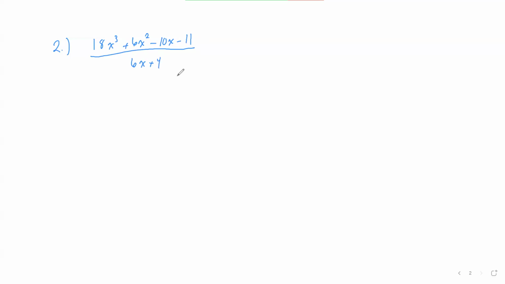So in this situation, I cannot divide them all individually, so we do this thing called long division. And what that looks like is the top part will go inside the house. And the bottom part will stay outside.